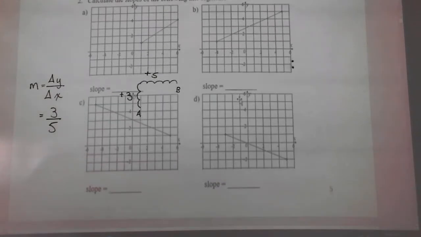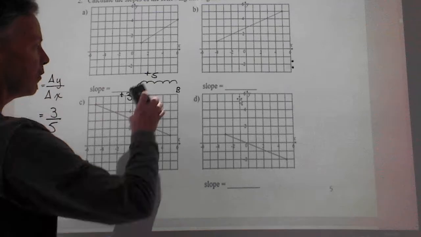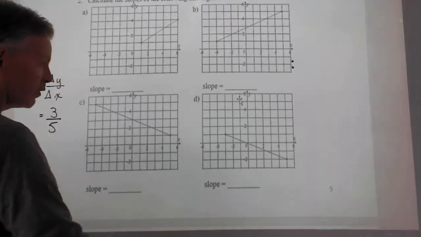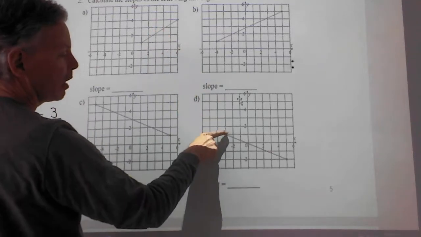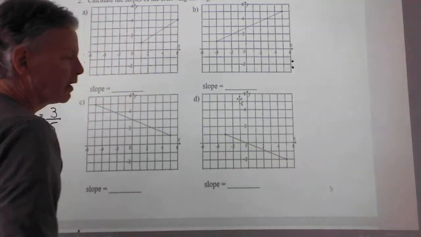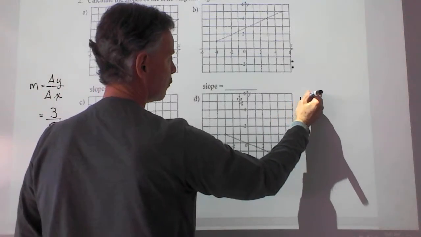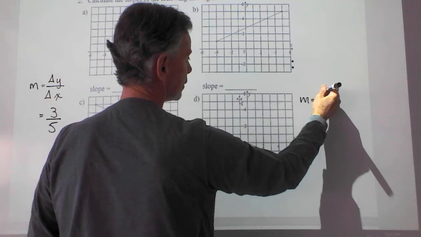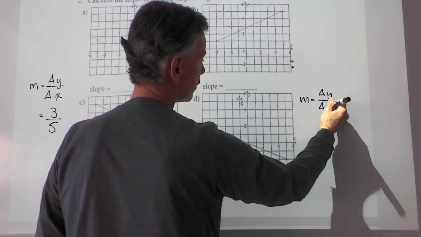So let's do one more. We'll do D, okay? So for D, you notice that as opposed to A, our line in D is going down as you go from left to right. So let's figure out the slope. Slope equals the change in y over the change in x.